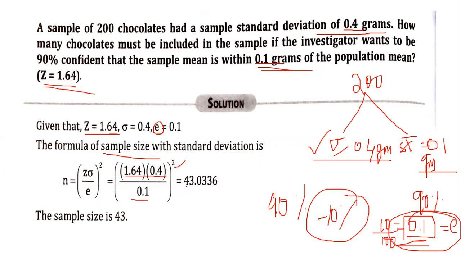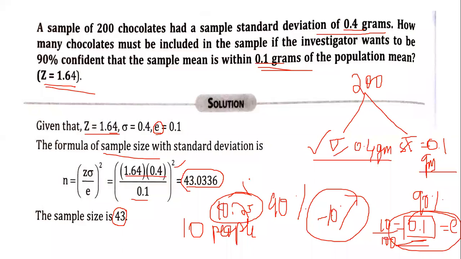So you get 43.0336. So if you see here, 43.03, you can take 43 as the sample size. Don't take the decimal part. Keep the sample size as whole numbers. Suppose I want to take a sample of human beings. If I call 10 people, I can take the sample as 10 people. But can I call 10.25 people?